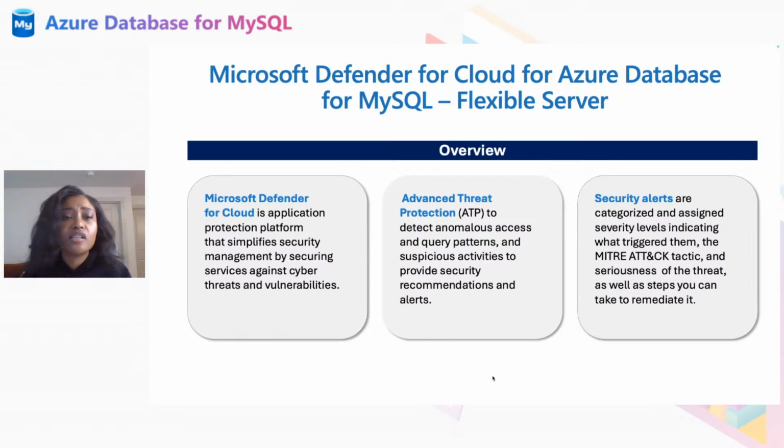It will indicate the associated MITRE attack technique and the seriousness of the threat, as well as identifying the steps that you can take to remediate the threat. So it takes a lot of the guesswork and the effort out of coming up with a mitigation plan and providing that strategy for you.